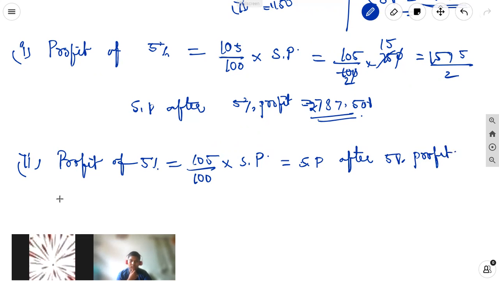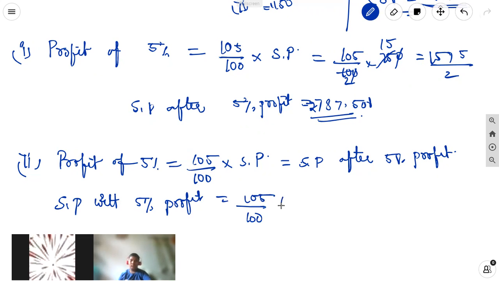That is nothing but the selling price with 5% of profit is equal to 105 by 100 into the cost price. What is the total amount? 1200. Two zeros get cancelled. 12 fives are 60. 1,260 rupees is the selling price with the 5% of the profit.